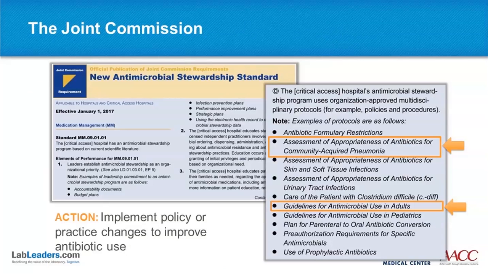So it tells you what you need to do and who you're looking at. Guidelines for antimicrobial use in adults. Guidelines for antimicrobial use in pediatrics. Assessment of appropriateness of antibiotics for skin and soft tissue infections, and the list goes on. So ultimately, they want us to take action, that we implement the policy or generate practice changes to improve antibiotic use. That's their ultimate goal here.